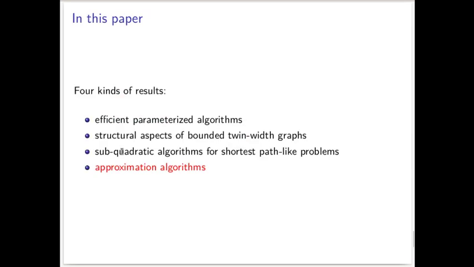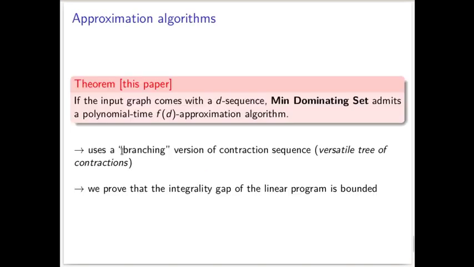The last kind of results we have is about approximation and about the minimum dominating set problem. For this part, we use a branching version of the contraction sequence called versatile tree of contractions, which has been defined in the paper Twin-Width 2.